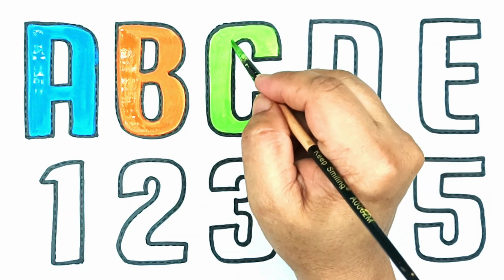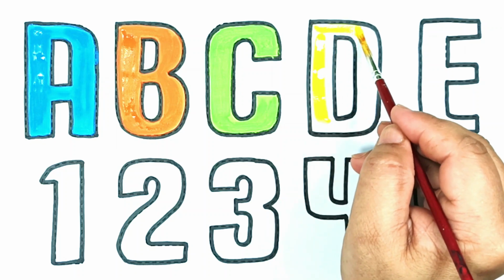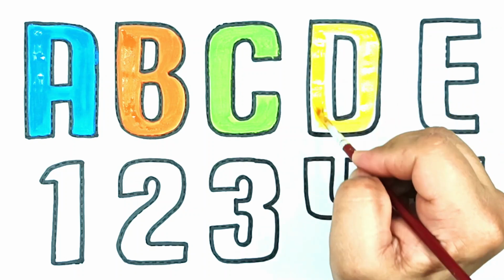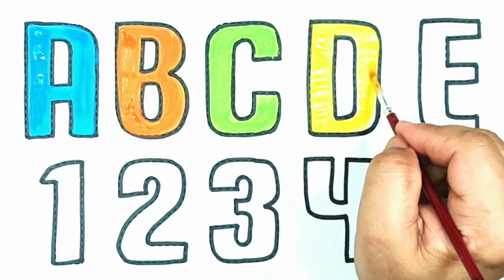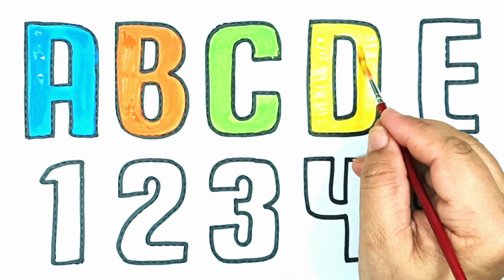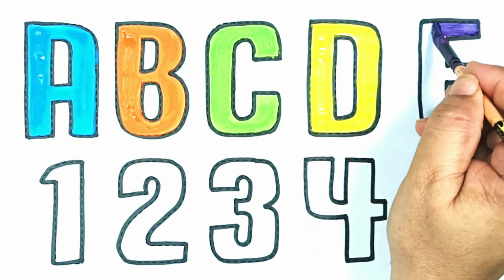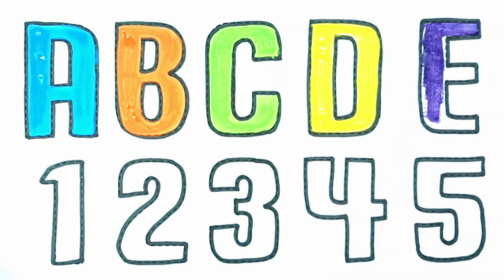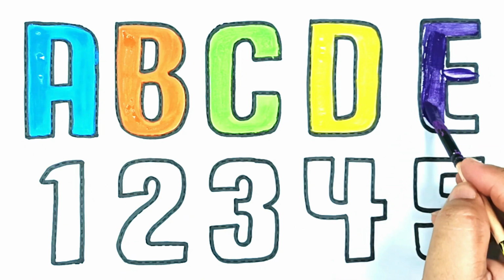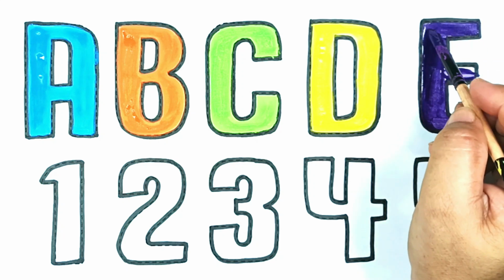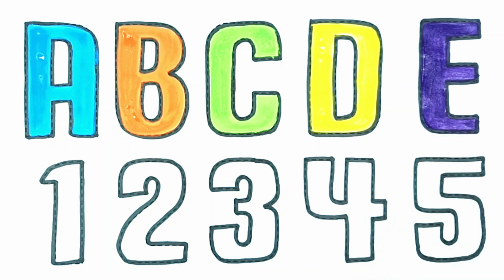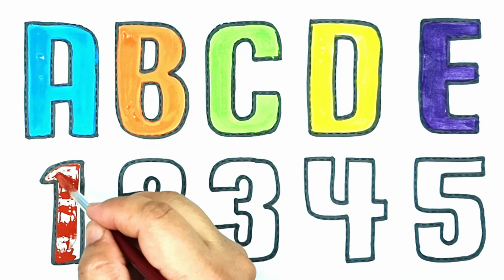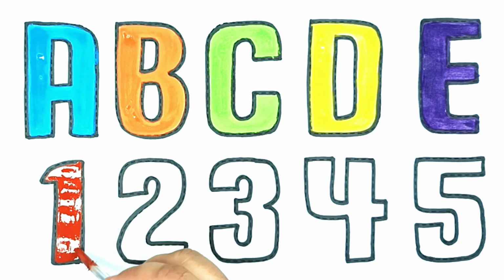It tells you the time. D is for diamond. See how it shines. E is for elephant. Bigger than me. One baby arrives.